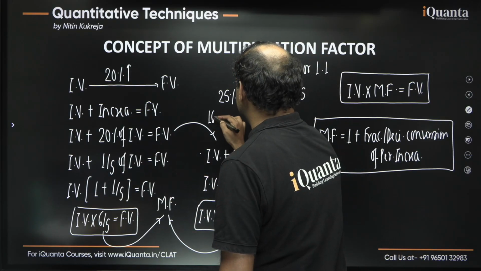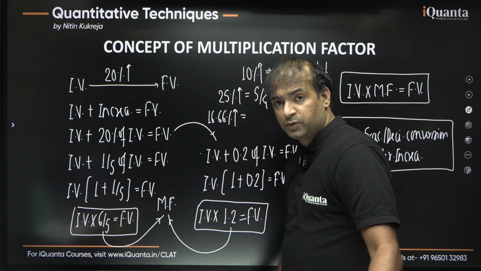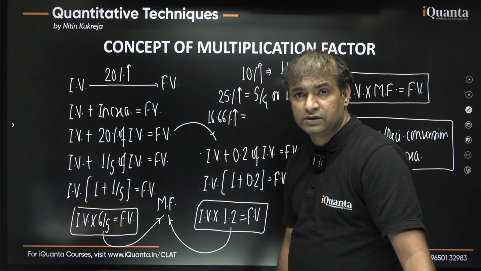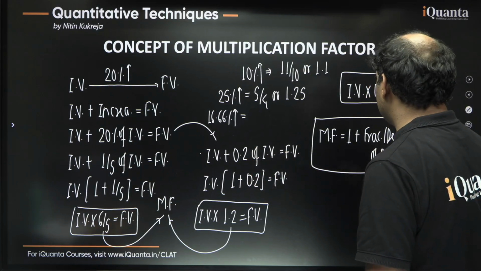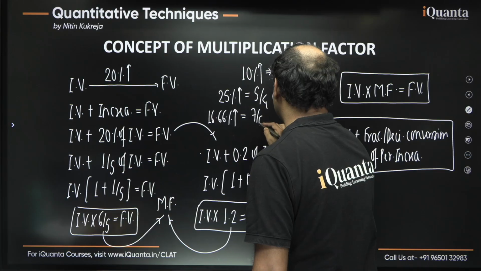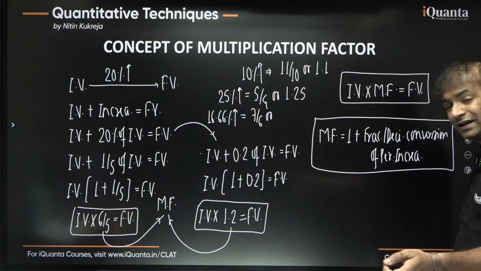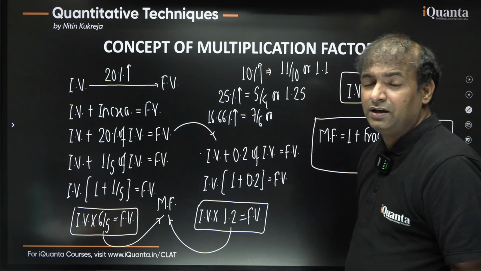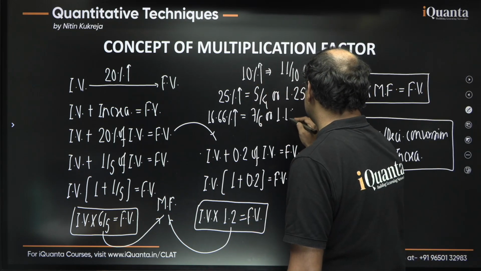Suppose a value is increasing by 16.66%, right? So 16.66%, which we had discussed in the previous videos, is actually 1 upon 6, right? 16.66 in fraction is 1 upon 6. So 1 plus 1 by 6 is 7 by 6, all right? And in decimal, it should be what? 16.66 we can say is 0.1666. 1 plus 0.1666 is 1.1666.